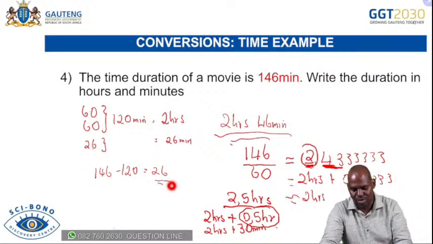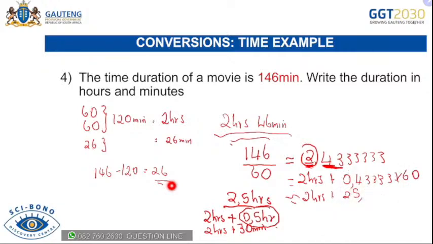So 2 hours plus 25.998 minutes, which is about 2 hours and 26 minutes if you round it off. So yeah, there's more than one way of doing it, like I always emphasize, but you must always try to use the easiest method, stick to the easiest method, and try to show the method all the time.